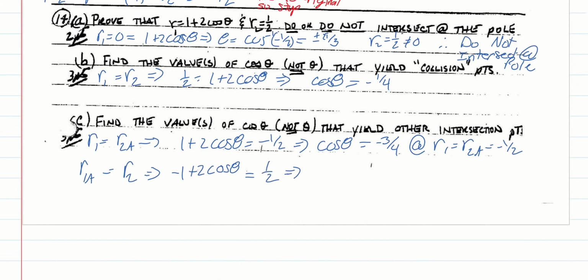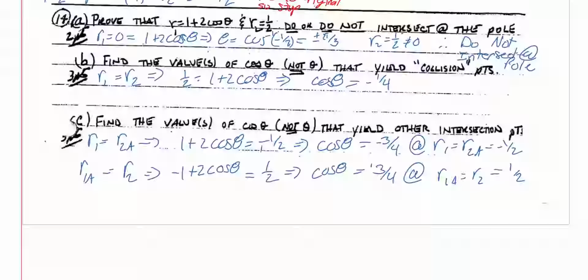We add 1 to get 3/2, divide by 2, and get 3/4. So cosine theta equals 3/4, and that's at R1A equal to R2 equals 1/2. So those are the other intersection points.